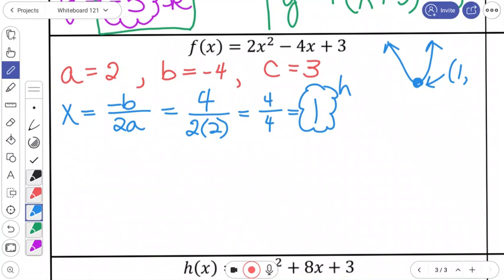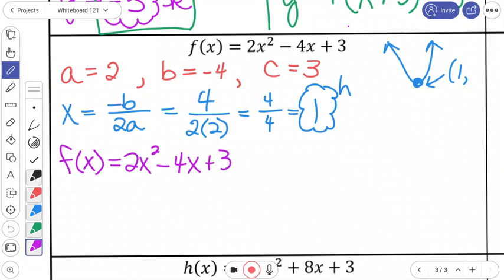Now we need to determine what the y coordinate is of our vertex, or our k value. So we're just going to take the original equation, f of x in standard form, equals 2x squared minus 4x plus 3. We're going to sub in the number 1 for our x values.